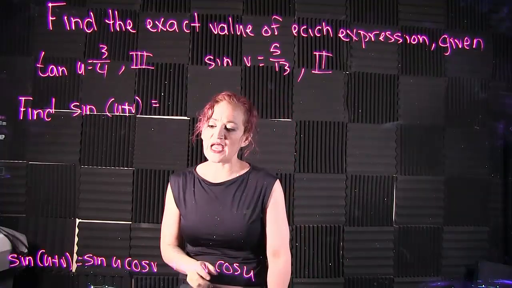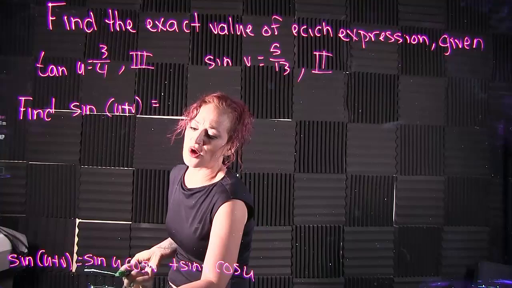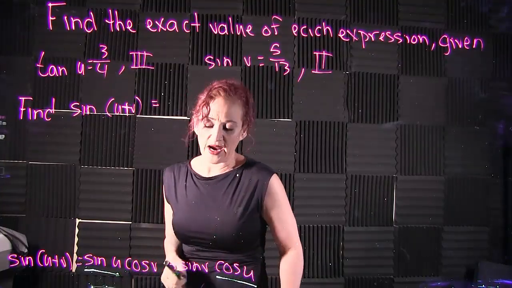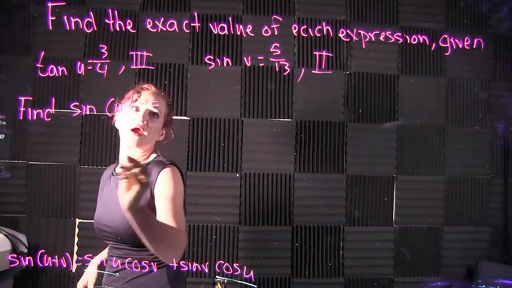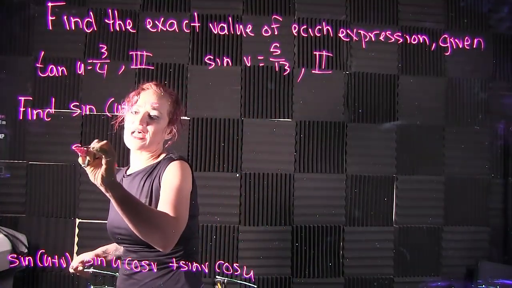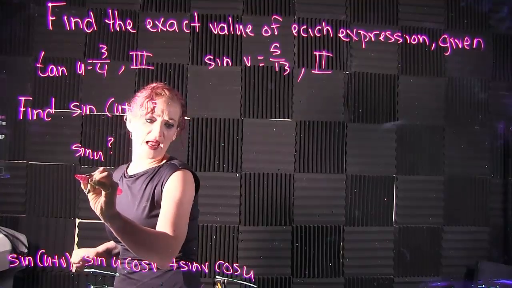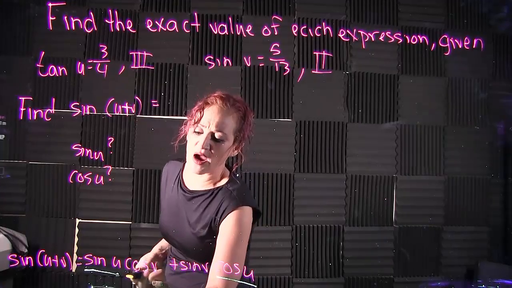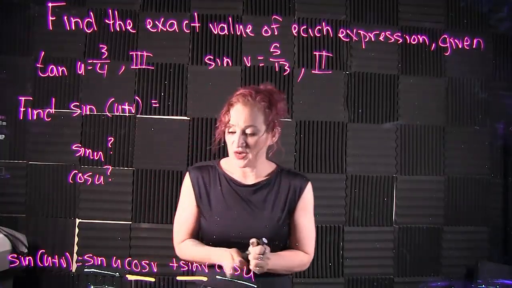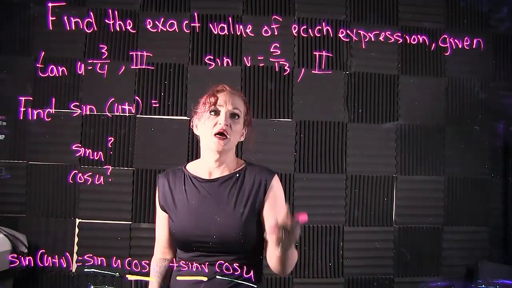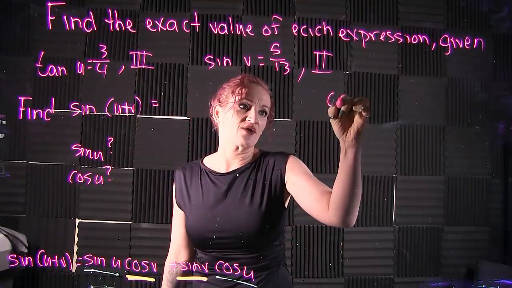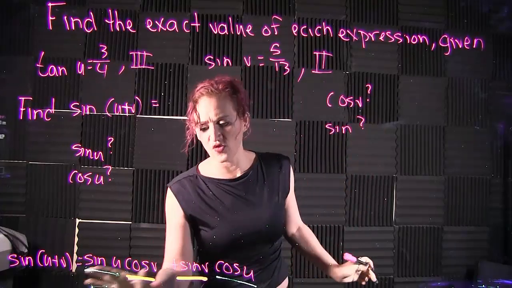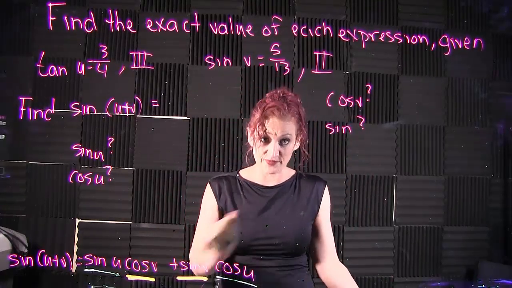So for u, we need to figure out what is sine u and what is cosine u. But then we also need to figure out what is cosine v and what is sine v. So for those four things we need in order to plug into this formula.